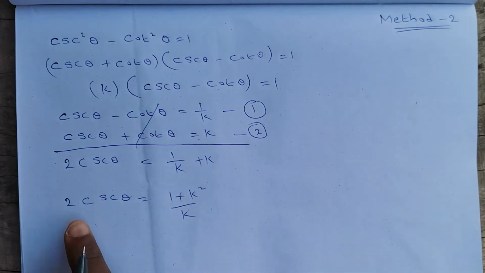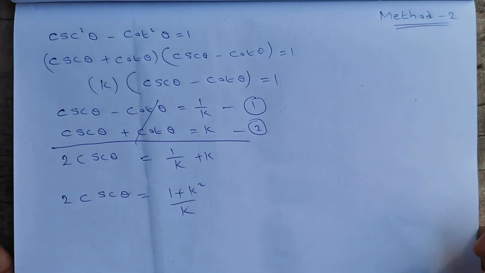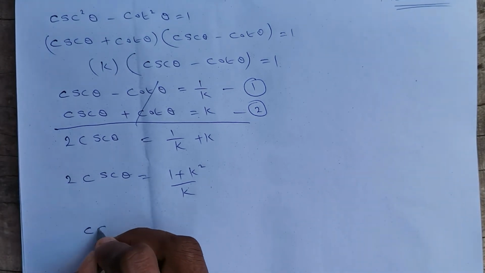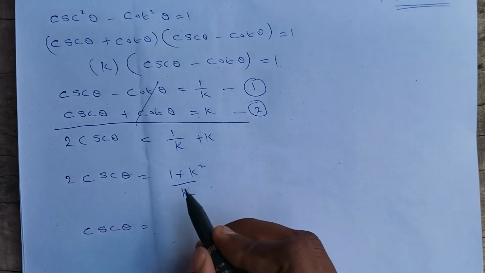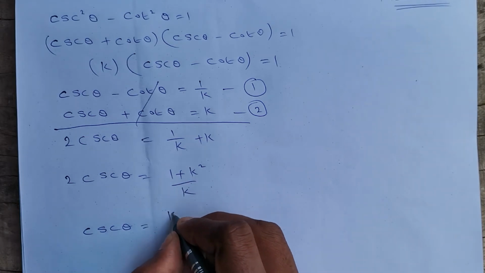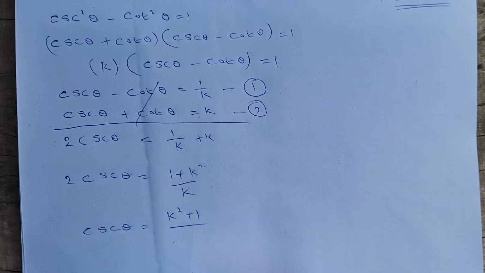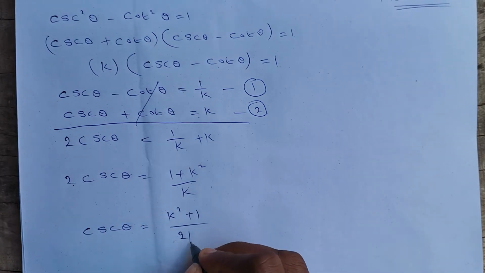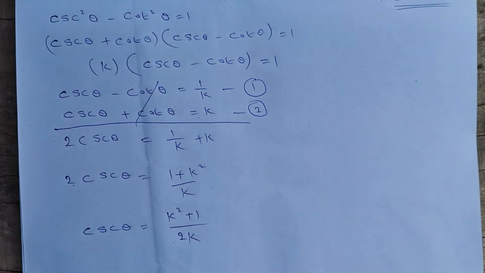Now I will bring 2 also to the right side, then it will become division. So we get cosecant theta is equal to 1 plus k square, I am writing it as k square plus 1, divided by 2. We are taking it to the right side, so it will become division 2k. Cosecant theta is equal to k square plus 1 divided by 2k.